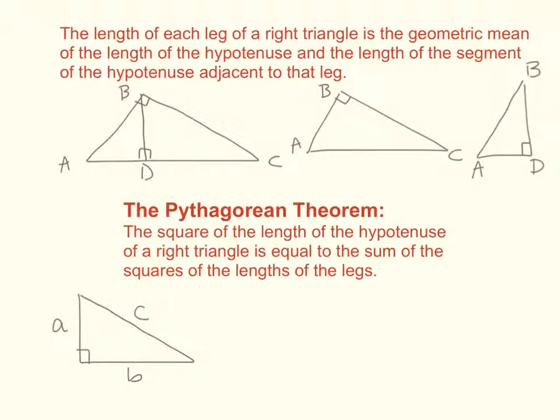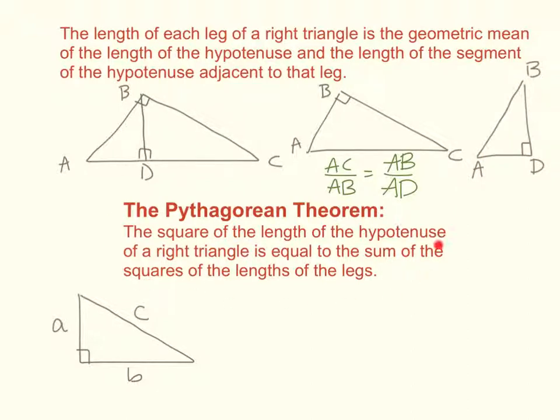So we're going to have AC to AB, hypotenuse to hypotenuse, as AB, which is the leg, is to AD. So we have hypotenuse to hypotenuse as leg is to leg.